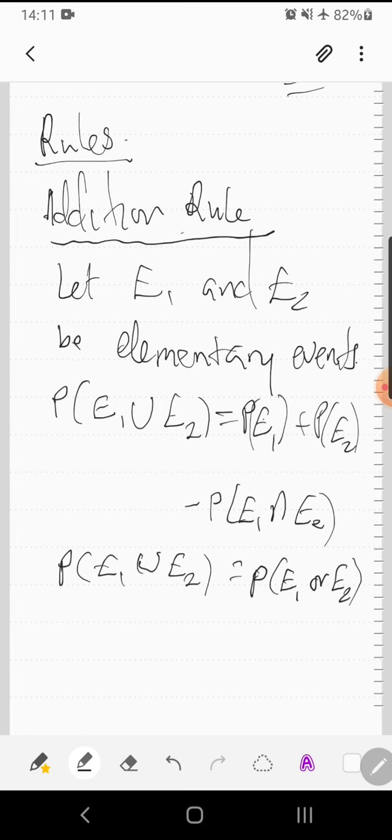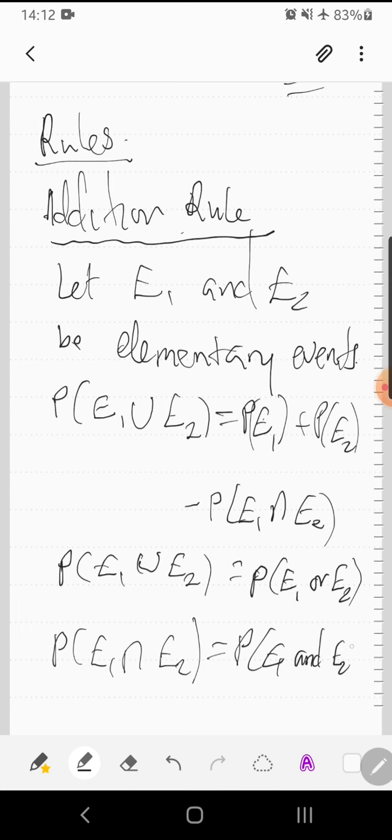So we use this interchangeably. We can use E1 union E2, it's the same as the probability of E1 or E2. And the probability of E1 intersection E2 is just the same as the probability of E1 and E2.